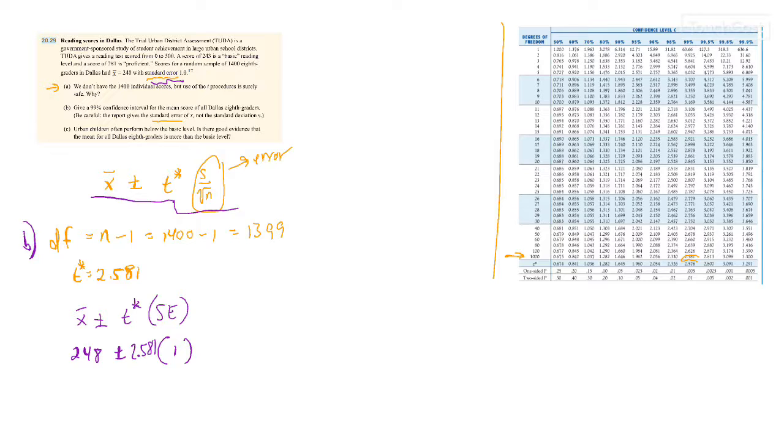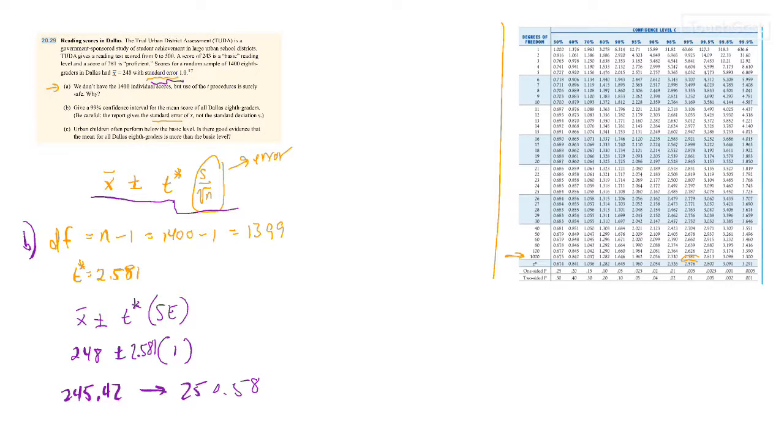This should give us 245.42 on the low side, and on the high side, 250.58. So anywhere within the range of 245.42 and 250.58 is our confidence interval for 99% confidence.